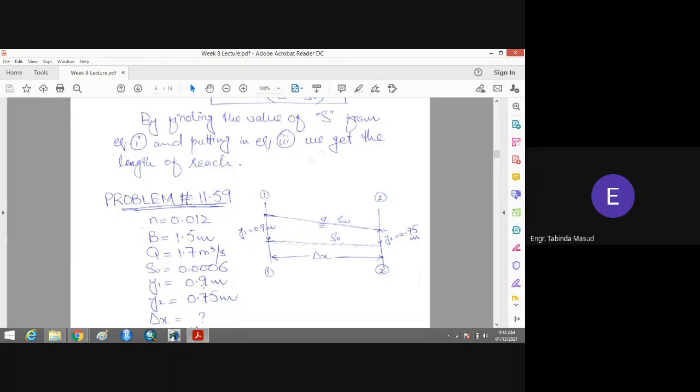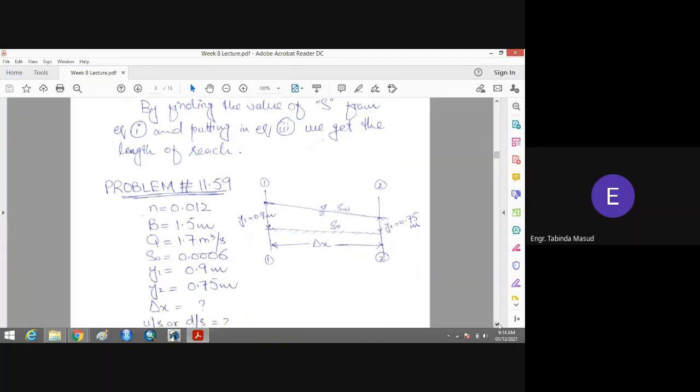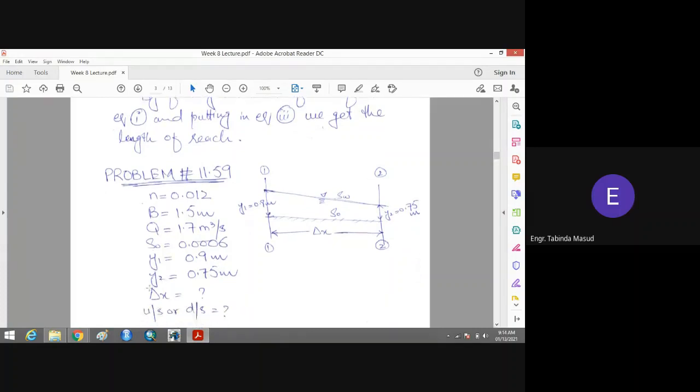Y1 is 0.9 meter, Y2 is 0.75 meter. Okay, and it has been asked what is the horizontal distance between these two depths of the flow, and whether this distance is upstream or downstream. So we have to find the distance delta X, and we have to find whether it is upstream or downstream.